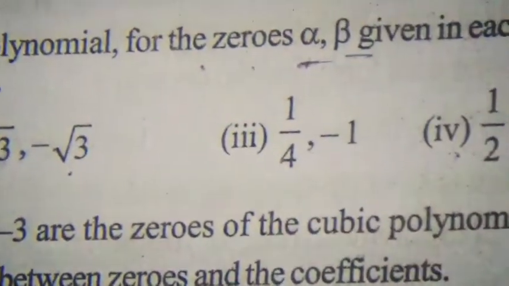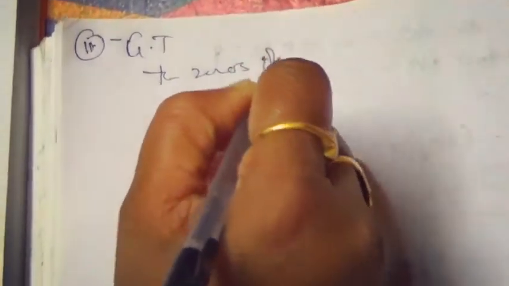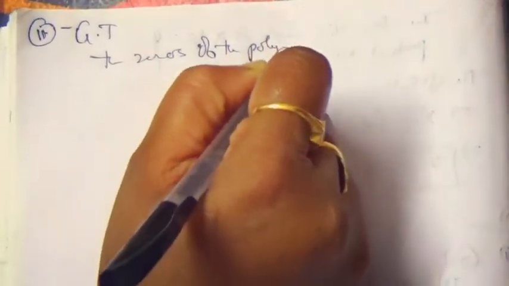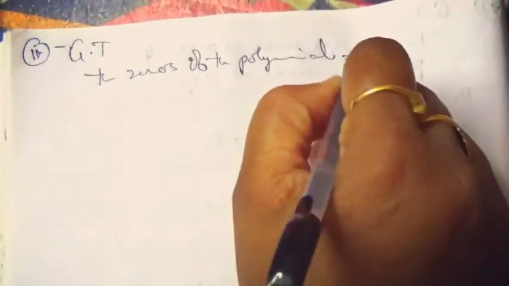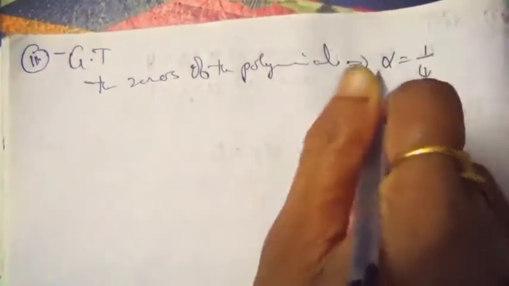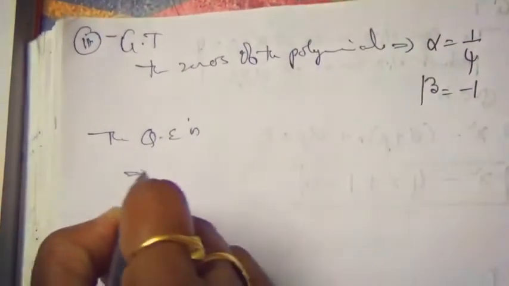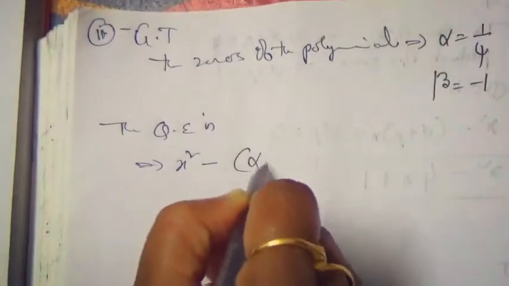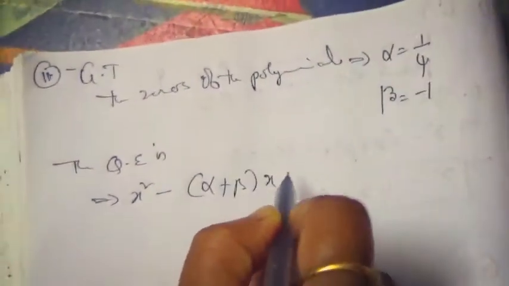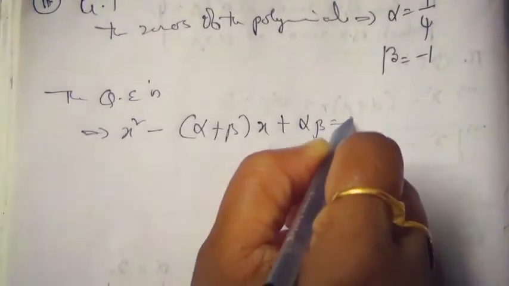given that the zeros of the polynomial, alpha is equal to 1 by 4, beta is equal to minus 1. So the quadratic equation is x square minus (alpha plus beta) into x plus alpha beta is equal to 0.